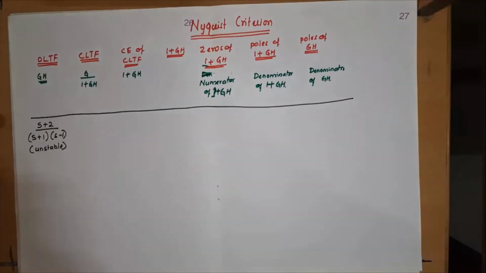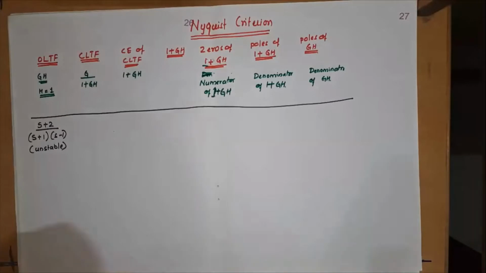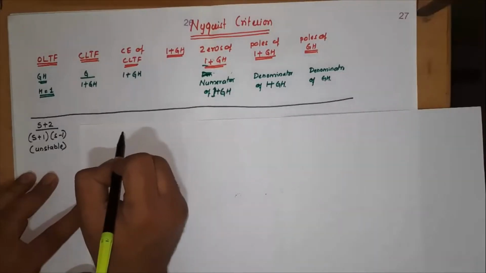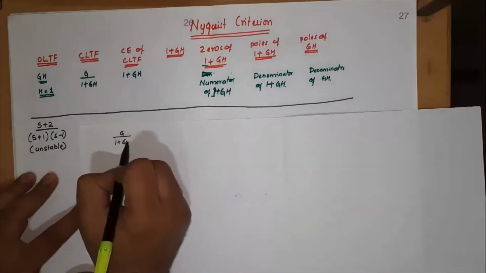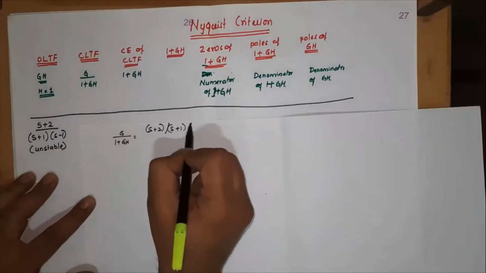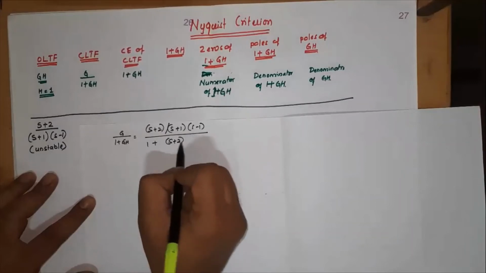Okay. So now let us write the closed loop transfer function. For that, I will assume the feedback transfer function H is unity. And how do we calculate closed loop transfer function? It is G divided by 1 plus GH. So let me substitute in the CLTF.